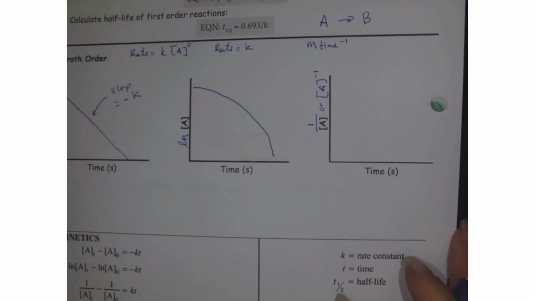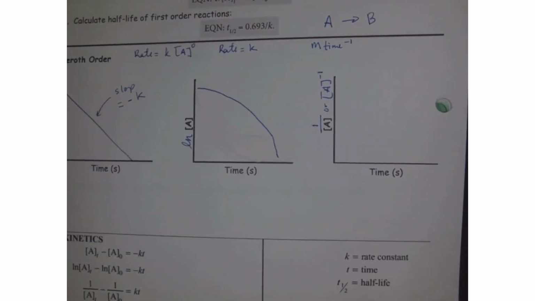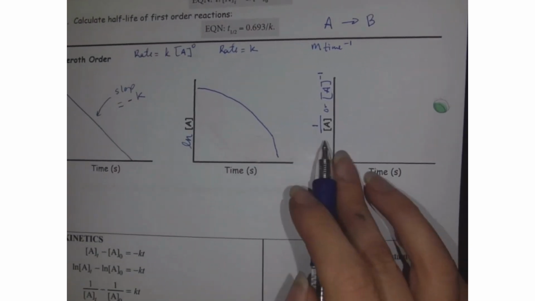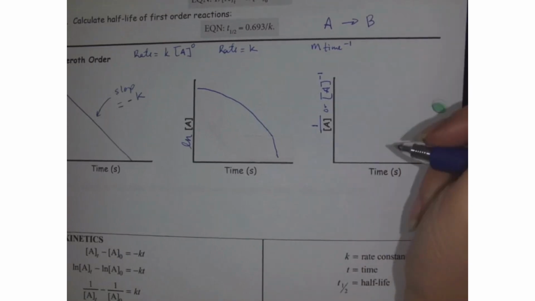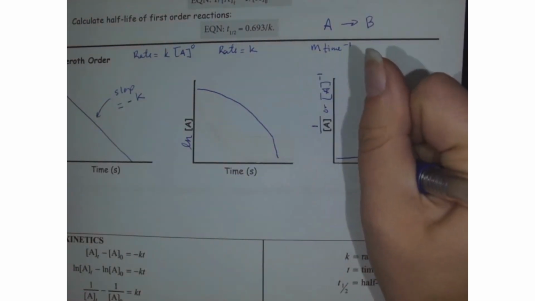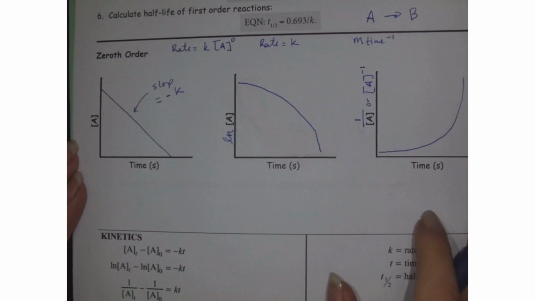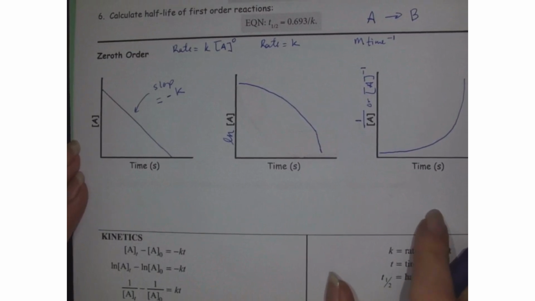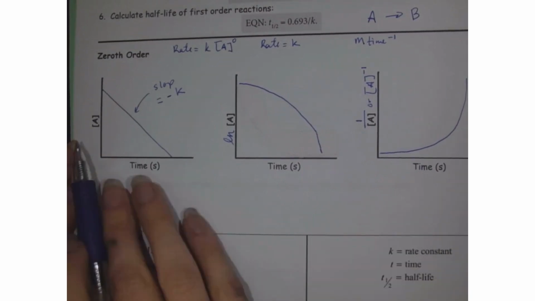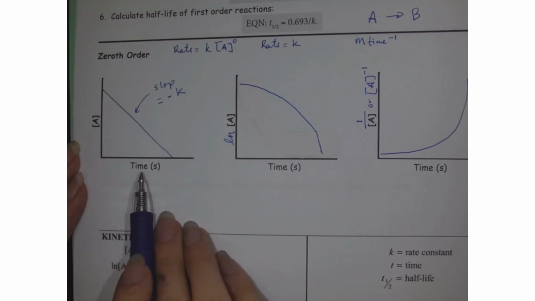Again, if it was zero order and it was an inverse concentration versus time graph, we get something like this. So zero order gives us a linear graph when it's concentration versus time.